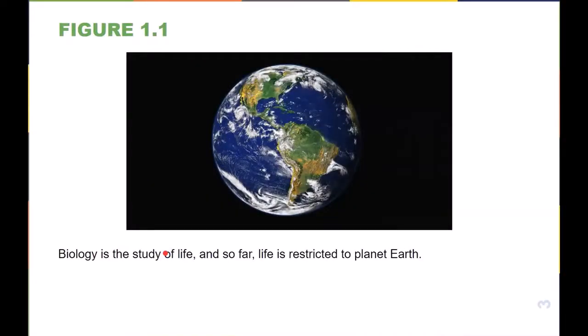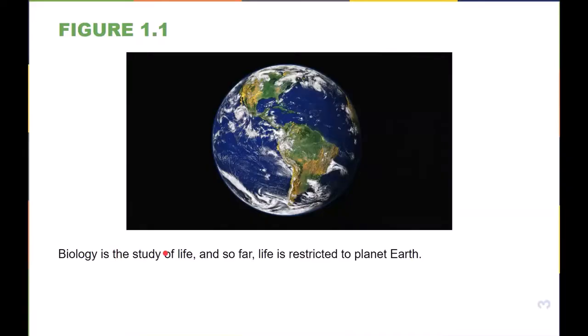So biology is a study of life, so we're going to talk about living things during this entire course. We will talk about microorganisms, the smallest things, and we'll even talk about some large organisms like ourselves, things that you can see with the naked eye.